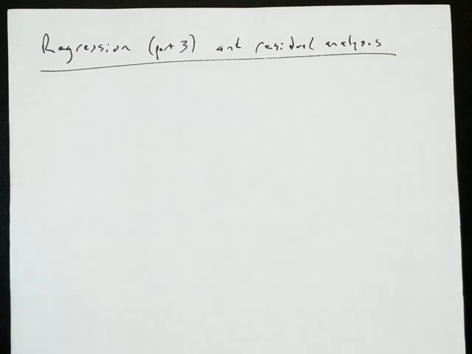Problem number 31 from the textbook. Number of orders versus total cost to ship. And I can do a scatter plot and create a regression equation and an R-squared value.